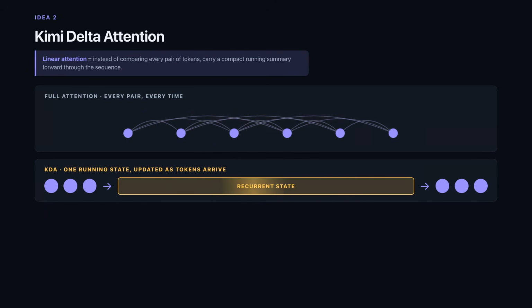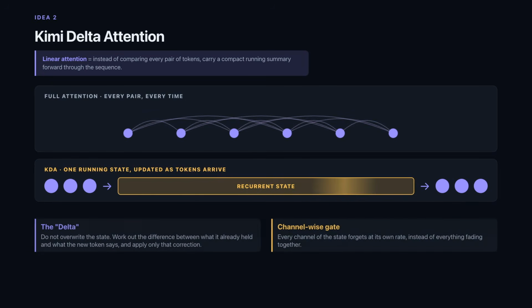Information travels forward through the state rather than through every pair. And that is where the word delta comes from. Rather than overwriting its state with each new token, KDA works out the difference between what it already believed and what the new token says, then applies only that correction. A channel-wise gate lets each part of the state fade at its own rate instead of everything decaying together.